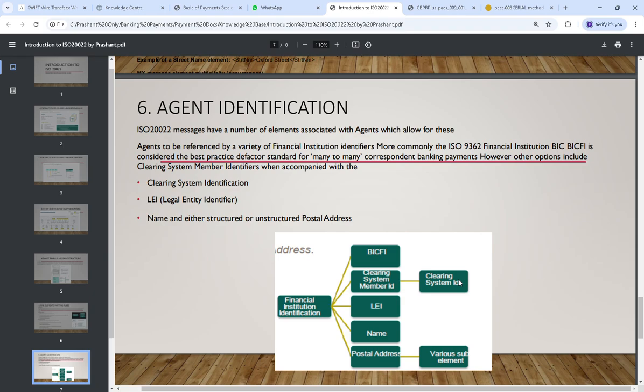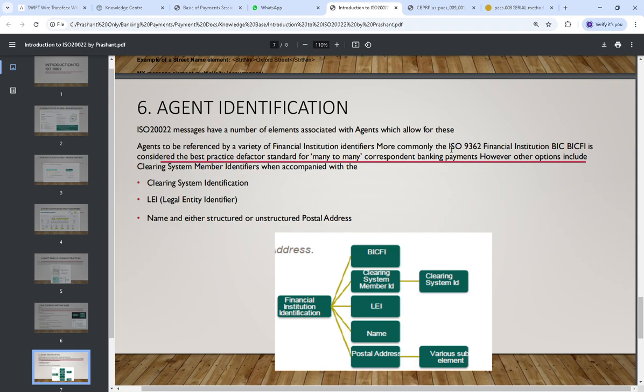Are we good now? Shall I go to the next screen? Now, as I just discussed, we are not going to call it bank, we are going to call it agent. So the ISO 20022 message has a number of elements associated with agent. Agents can be referred to by a variety of financial institution identifications, most commonly the ISO 9362 financial institution BIC.